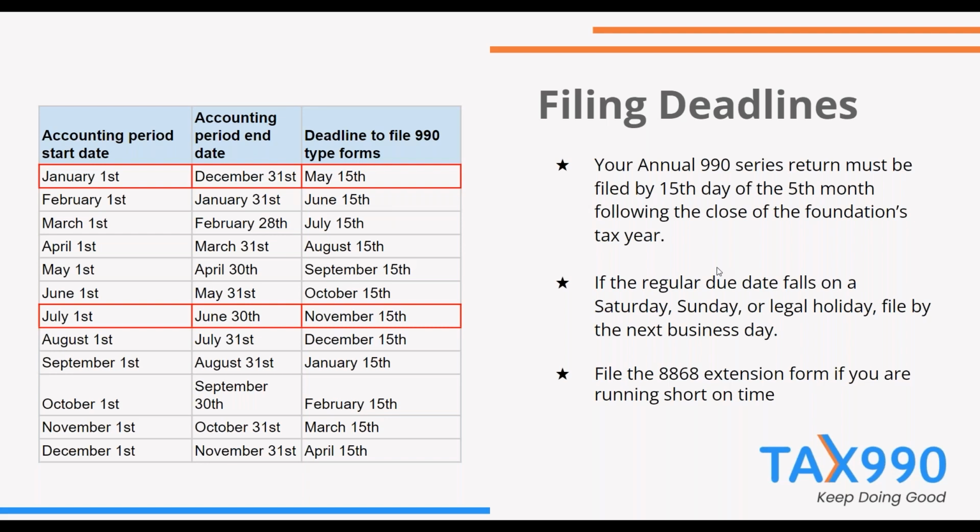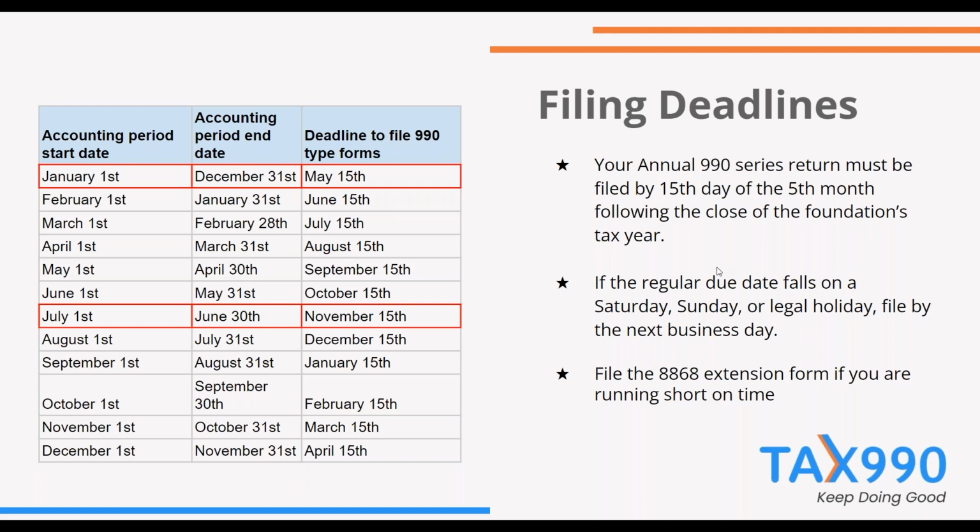There's just a lot of organizations with one of those two tax years. However, an organization can have any of the tax years that are listed here on the screen, which is why the nonprofit sector, like I mentioned, has a deadline every single month.